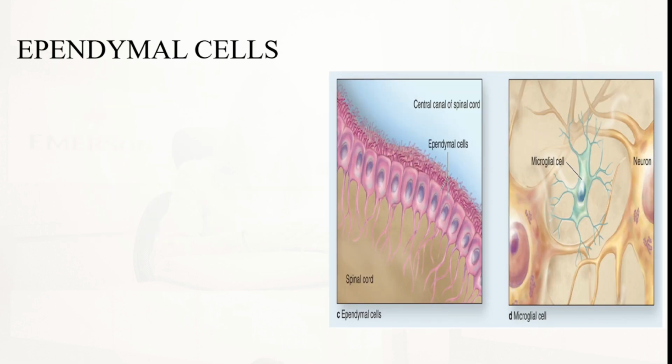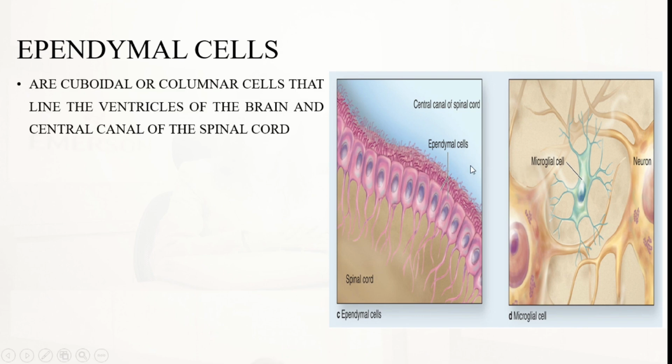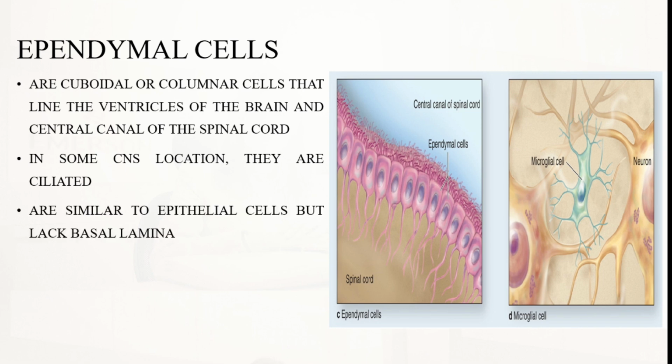Then another type would be the ependymal cells. These are cuboidal or columnar cells that line the ventricles of the brain and the central canal of the spinal cord. In some CNS locations they are ciliated, and they are similar to epithelial cells but lack a basal lamina.